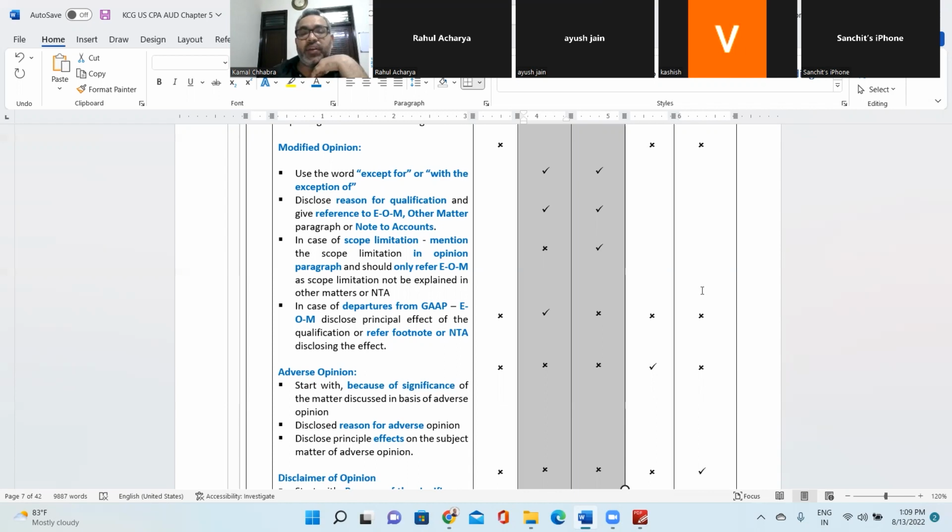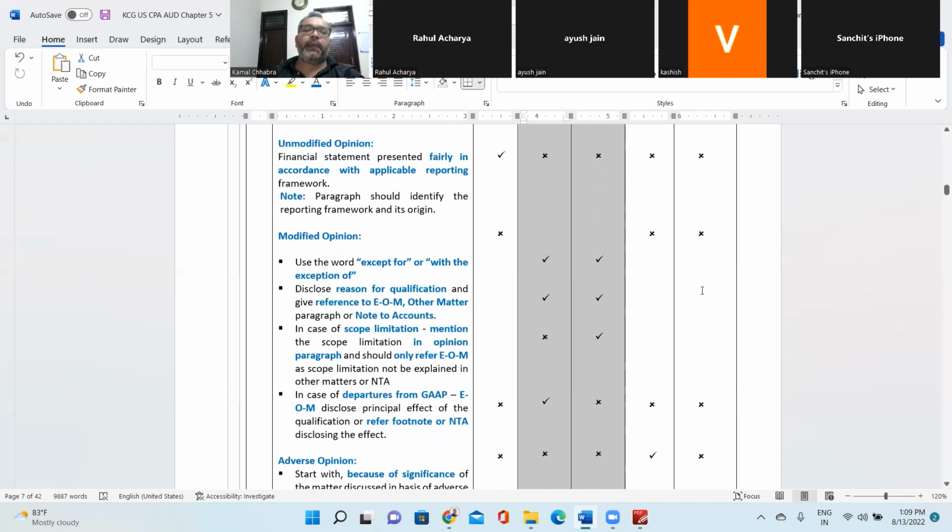In that scenario, you'll be giving reference to the notes to accounts for the warranty provision. So how will you draft that report? Financial statements are presented fairly in accordance with the applicable reporting framework, that is, in accordance with US GAAP, except for the warranty provision disclosed in note number, let's say, 14 or 15, right?